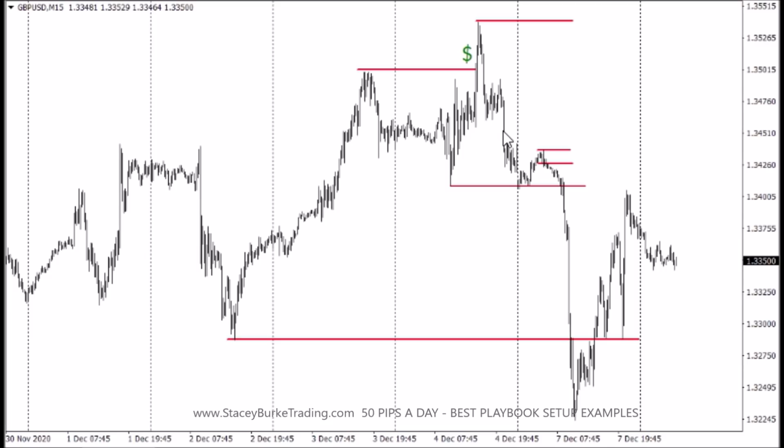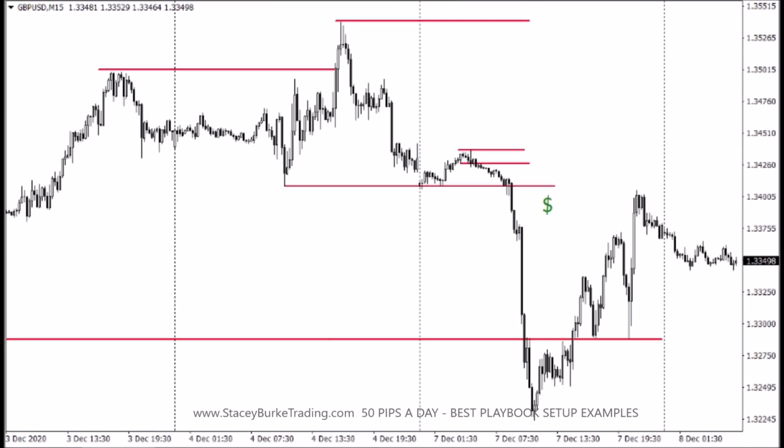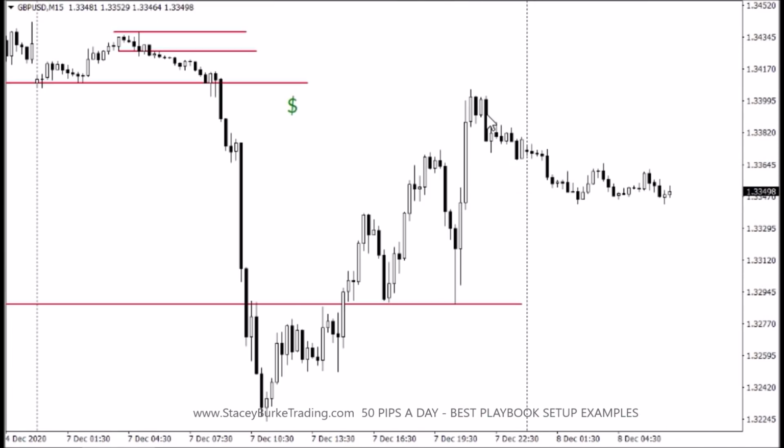We know there's money up there. We know there's money down here the next day. And we know there's money here when the market goes down in London and forms 3 pushes.